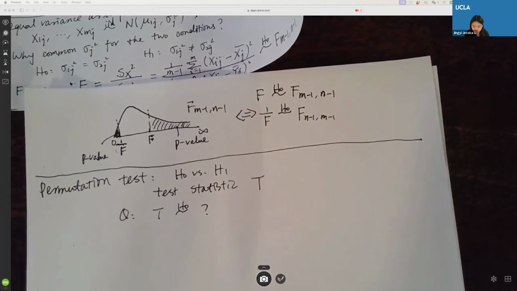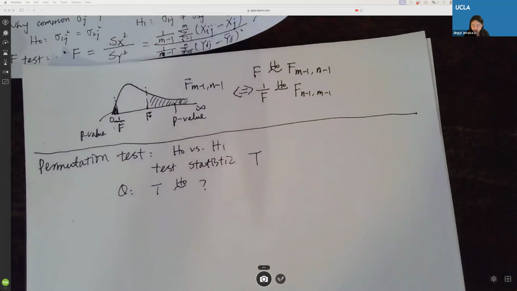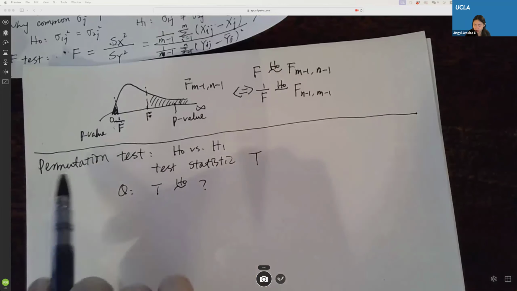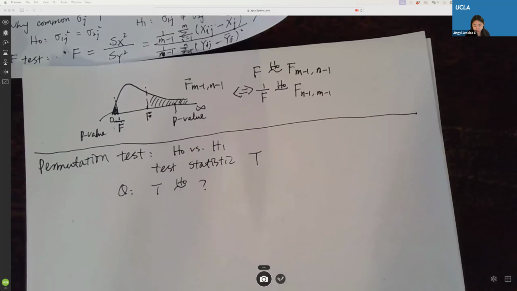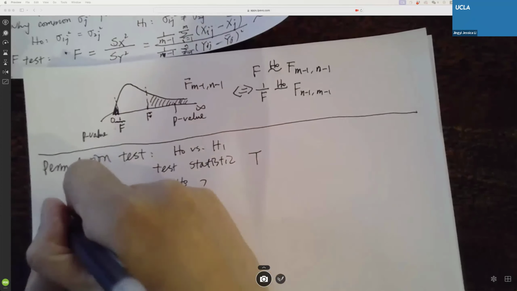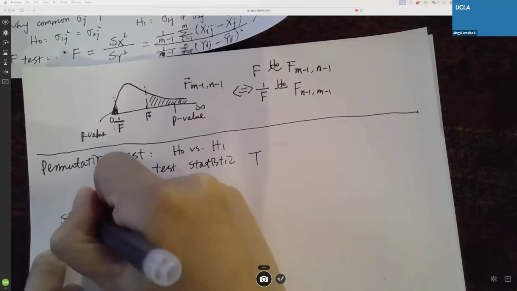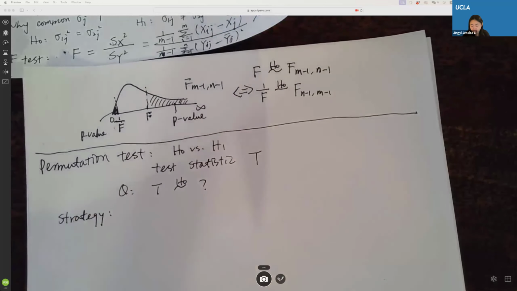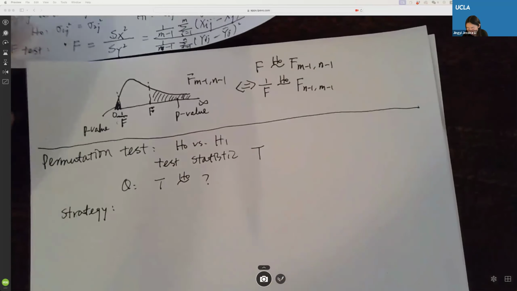If that's your question, and if you have the computational power to do permutation, this is what you can do to basically numerically simulate the null distribution by permuting your data. So the strategy can be very general, and it is something we can do everyone by ourselves on our computer.